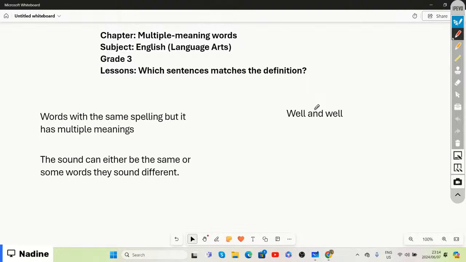All right. And then if you look at another word, think of letter. Letter is also a word that has different meanings.